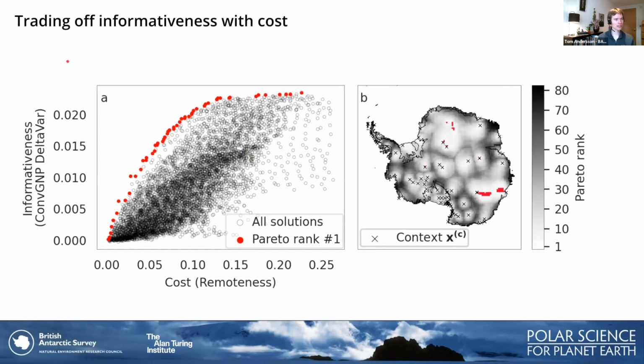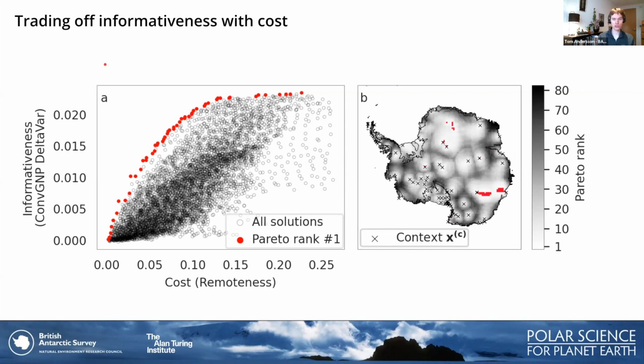Now, this is one of my last slides now. So now that we know we can trust this model's ability to predict the value or the informativeness of sensor placements, we can then trade off informativeness with the cost of actually going there and putting a station there and maintaining that station.